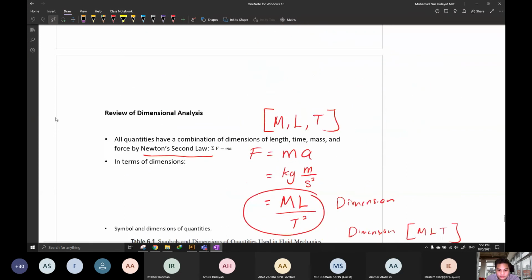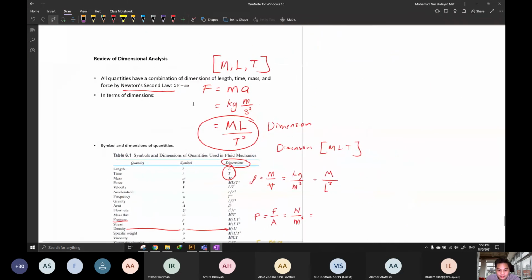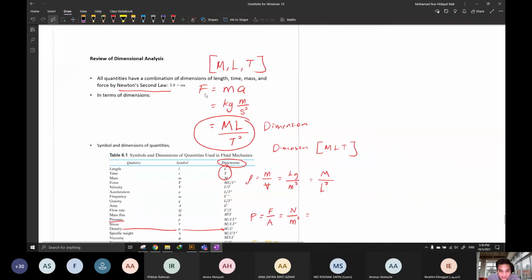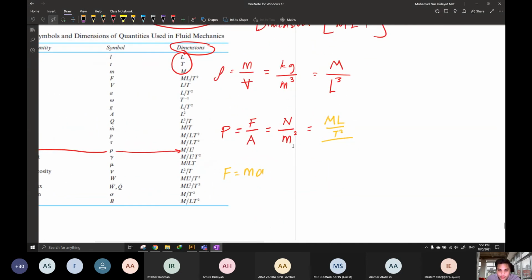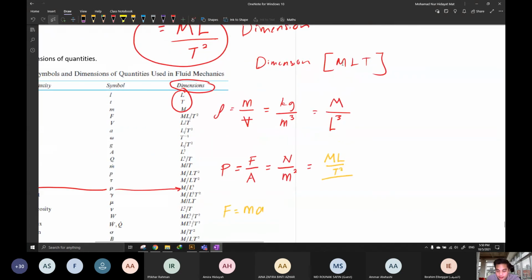Can you see this one? The force is ML over T squared, divided by meter squared. Meter is the dimension of what? Is meter the dimension of M, L, or T? L. L squared.